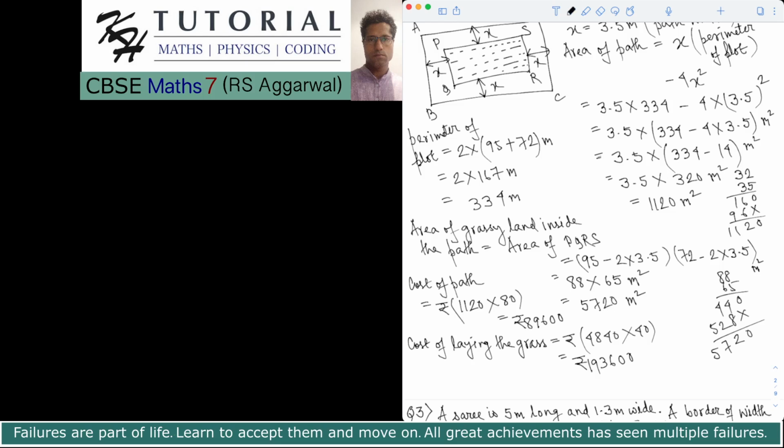So the cost of the path will be 1120 multiplied by the rate of making the path.